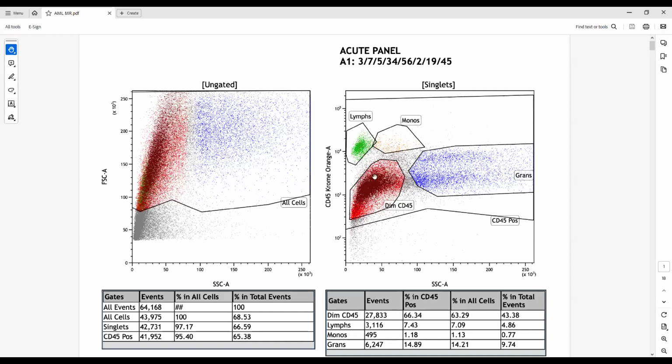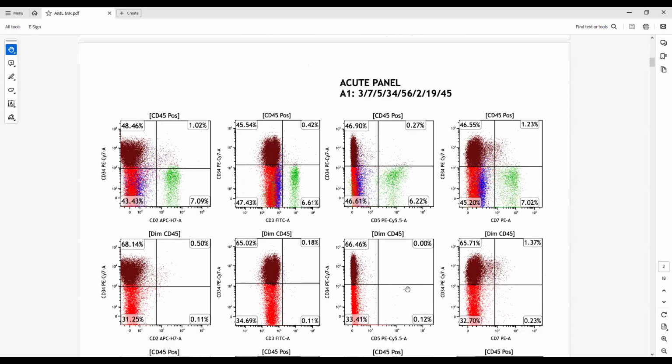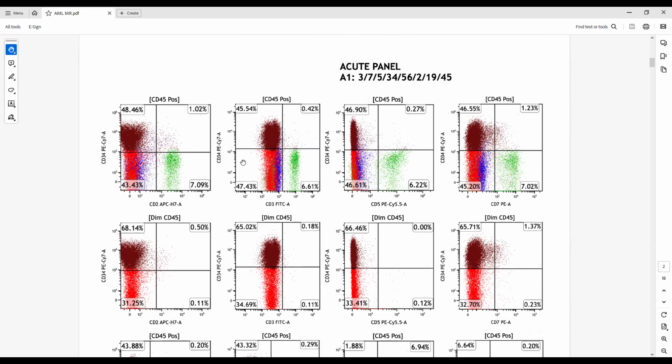As you can see here, we do have our red to brown dim CD45 population. This population here, I would describe it as CD34 dim. Some people would describe it as partial, since some of the blasts are negative and some of the blasts are positive. T-cell lymphoid markers, including CD2, CD3, CD5, and CD7 are negative.